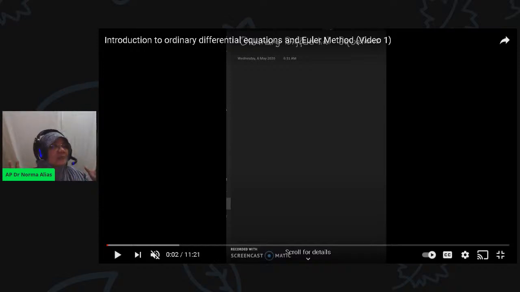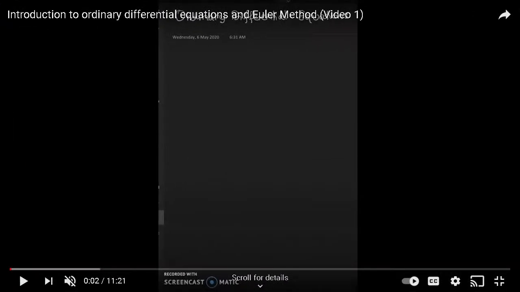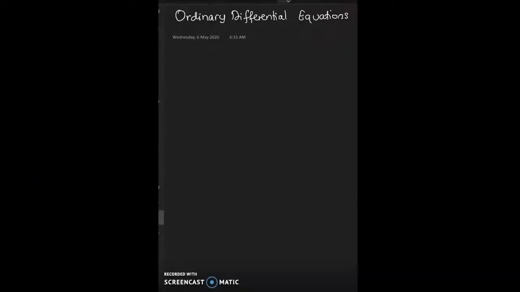Temperature behavior in my room depends on the space. So I can write a model to represent the temperature behavior in my room. That's why we learn ordinary differential equation, because it helps you to represent, to derive, to govern the equation for your problem.